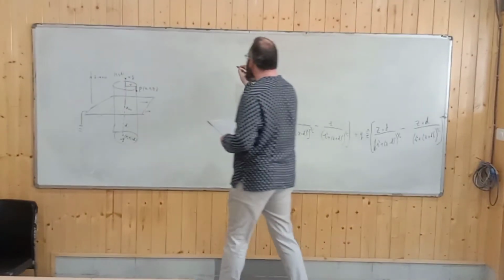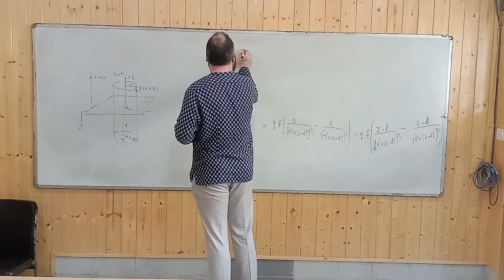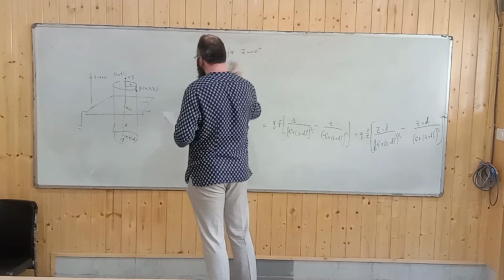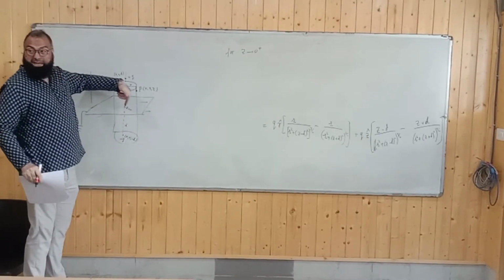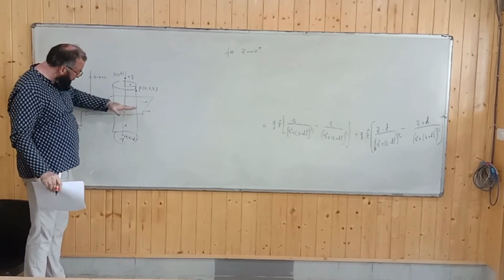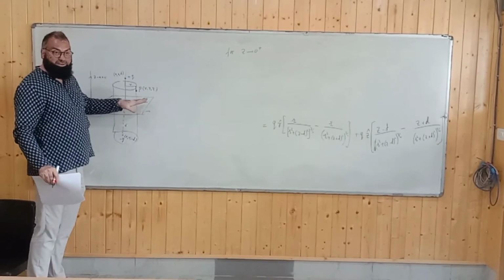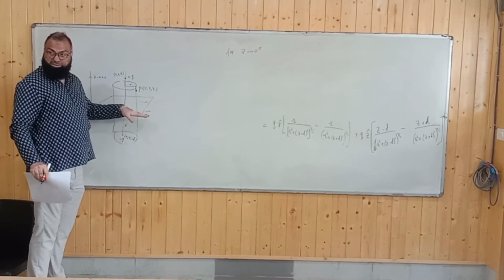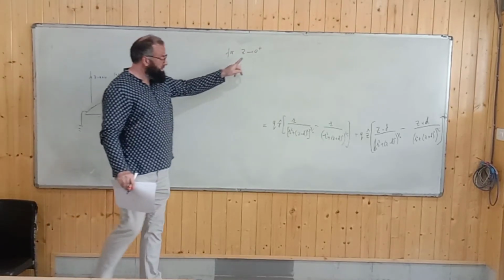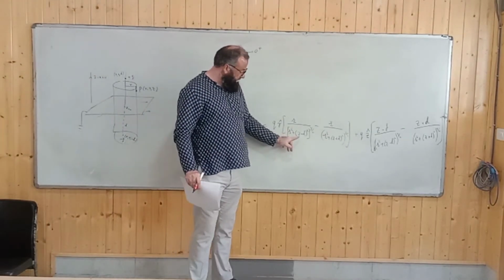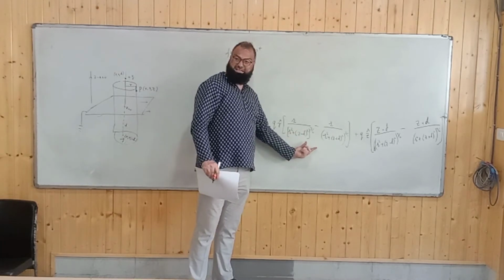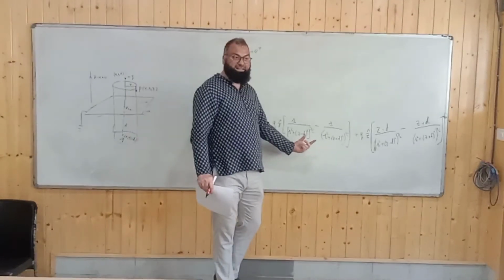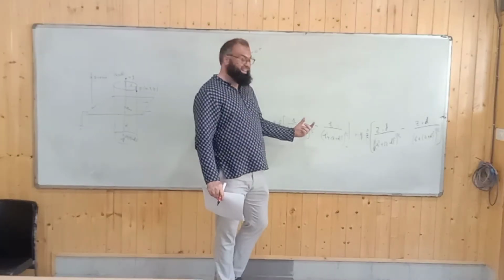For Z tends to 0 plus, what does it mean? 0 plus means I am coming from the positive side and going near the surface. I am very close to the surface, so that's why I am putting 0 plus. So when I put Z equal to 0, this term will go. So what remains there?